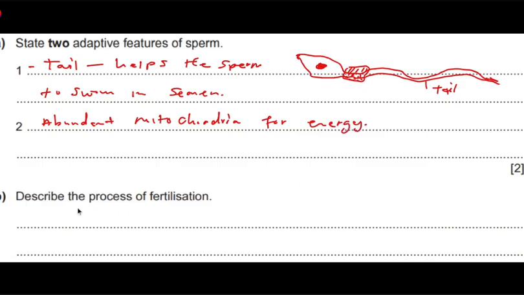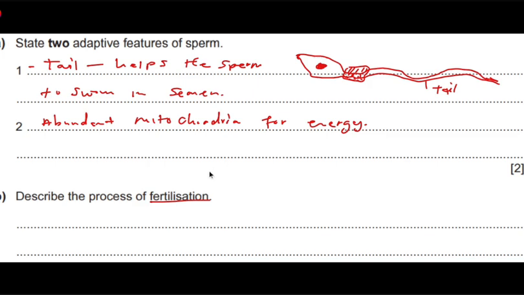Alright, then the last question is saying, describe the process of fertilization. Okay, so what is fertilization? It is a fusion of the male gamete and the female gamete. When you talk of the male gamete, you mean the sperm. When you talk of the female gamete, you talk of an ovum, or an egg.